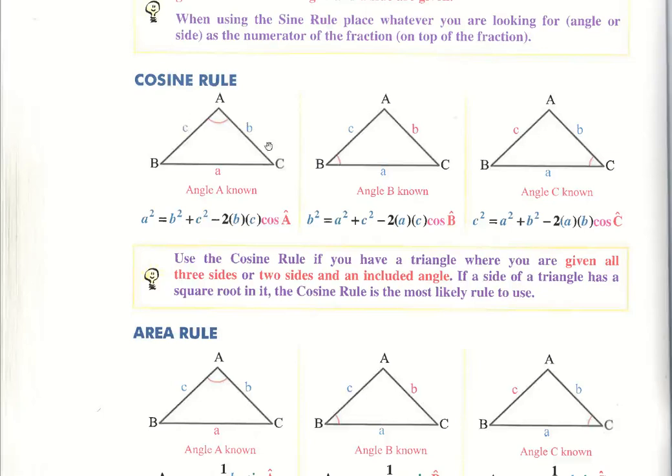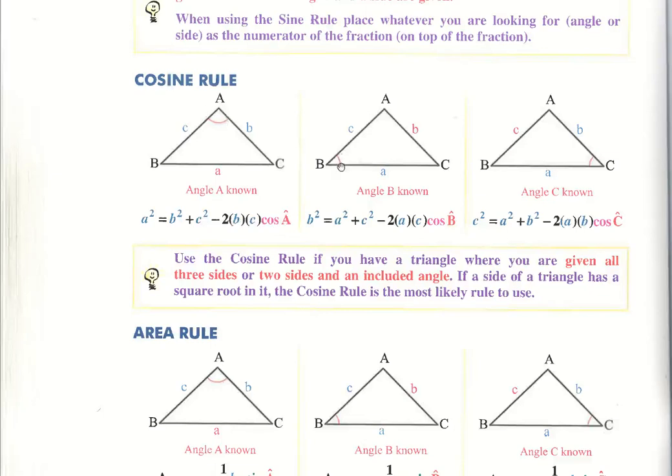So as a standard, if you are looking for that angle, the opposite side, a, is used. So a squared is equal to b squared plus c squared minus 2 times b times c cos A. And that's if angle A is unknown.